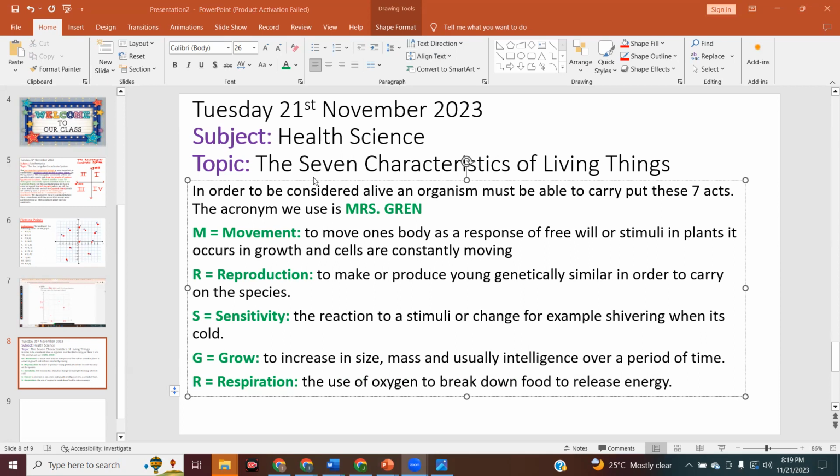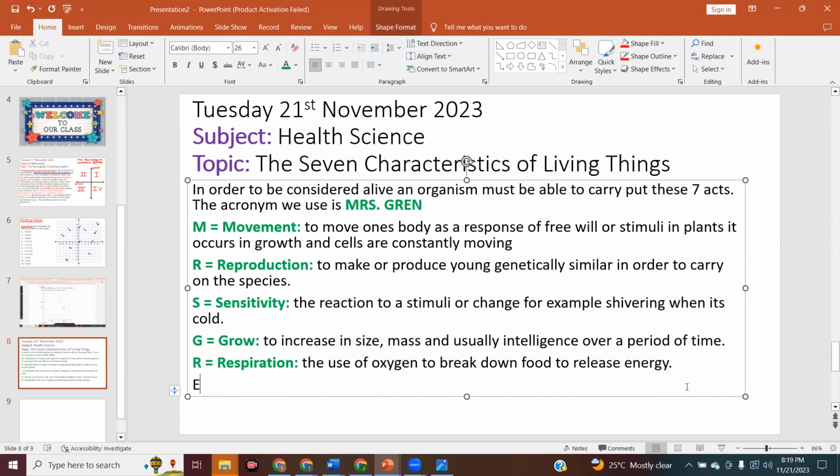Excretion. The next one is E. E is for excretion, and what excretion is?